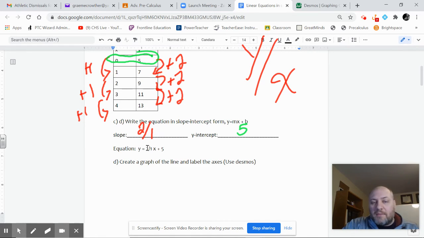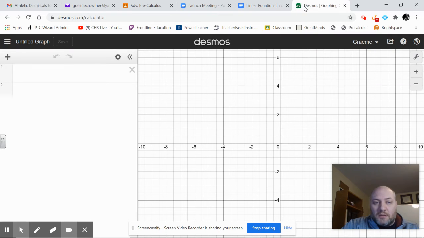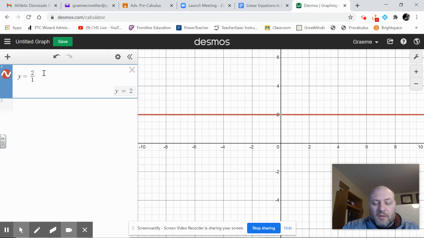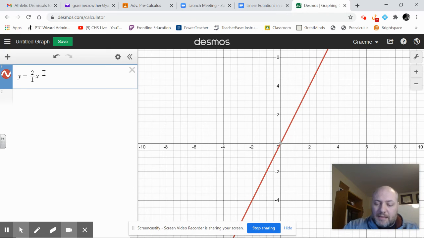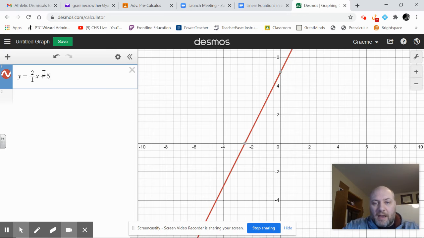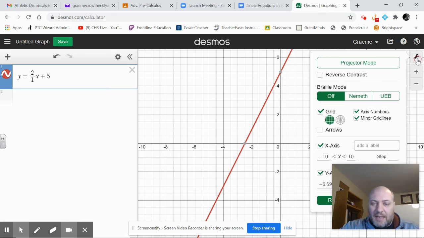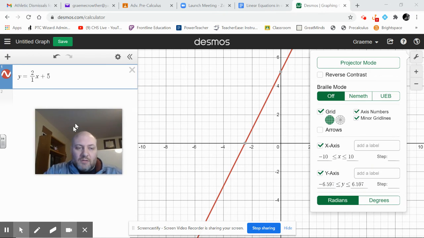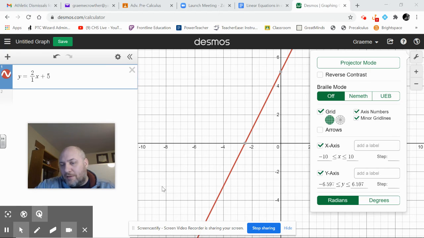So I want to graph the equation. When I go to Desmos, I want to put in that equation, y equals 2 divided by 1x plus 5, and you'll see we get a line. I want to go into the graph settings so I can put labels in. So let's slide me over.